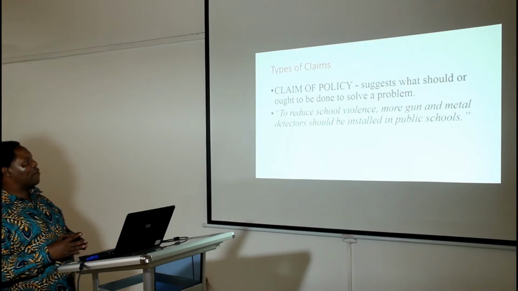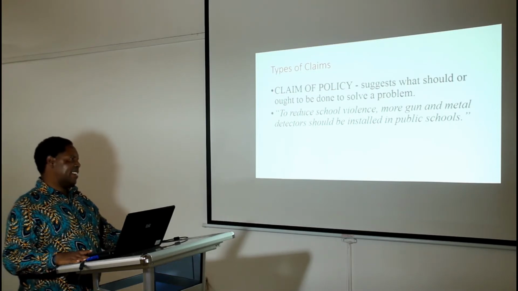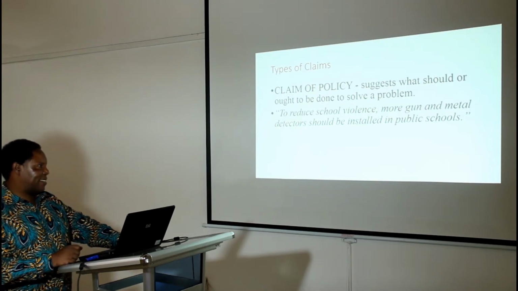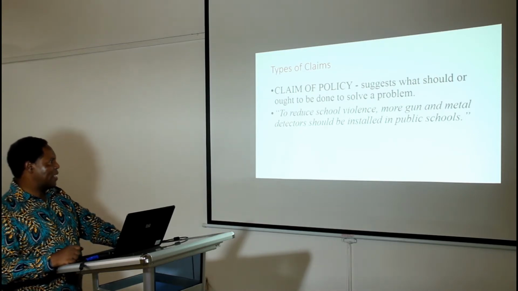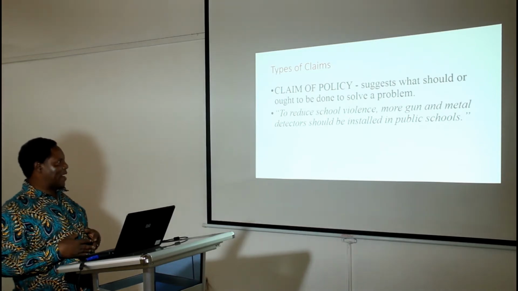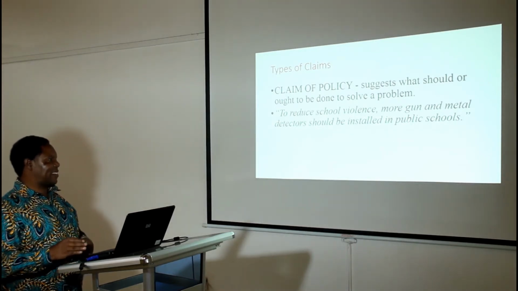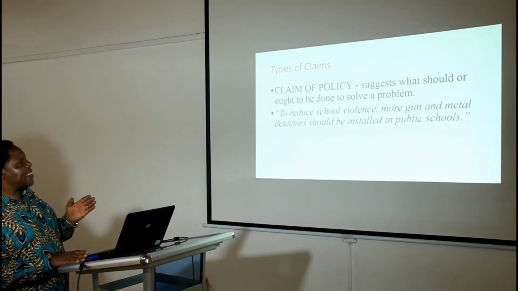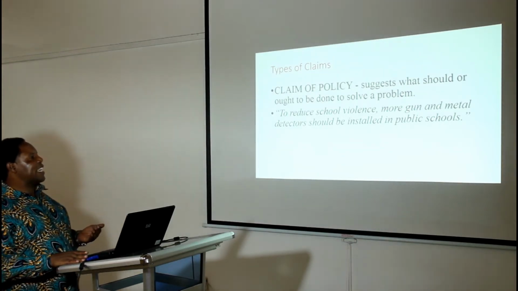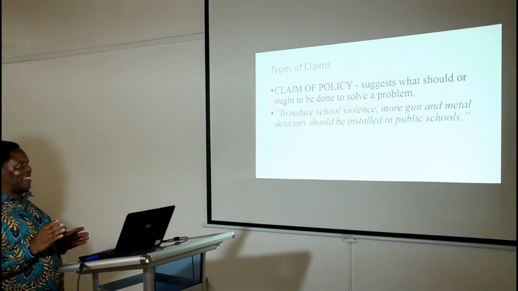And then we have claim of policy. This suggests what should or ought to be done to solve a problem. For example, you can say that to reduce school violence, more guns and metal detectors should be installed in the public schools. So this is a policy.